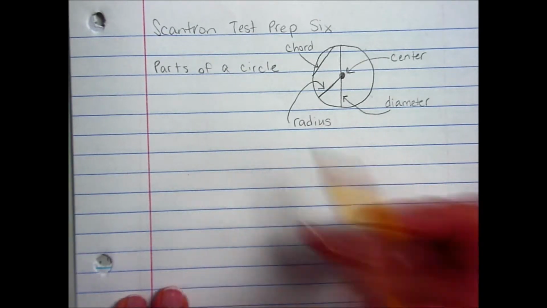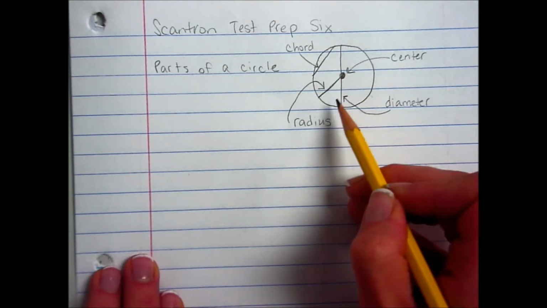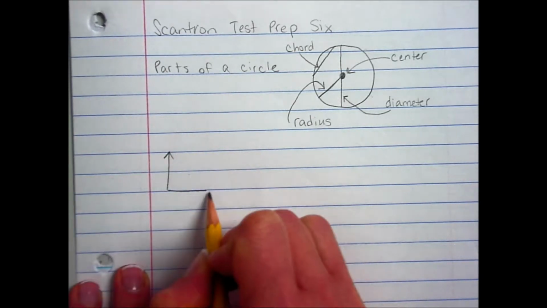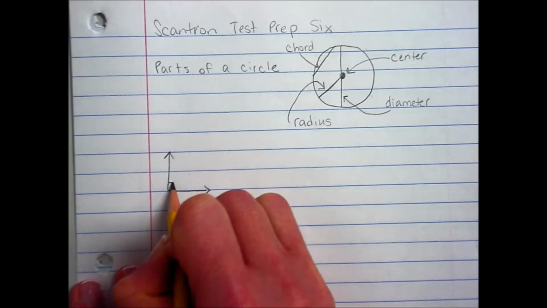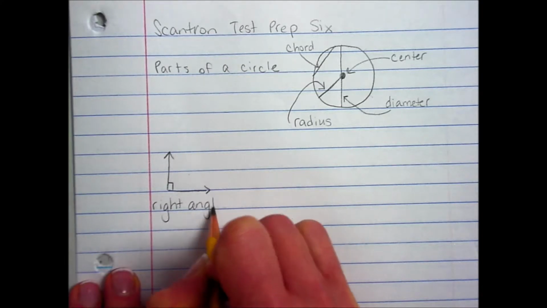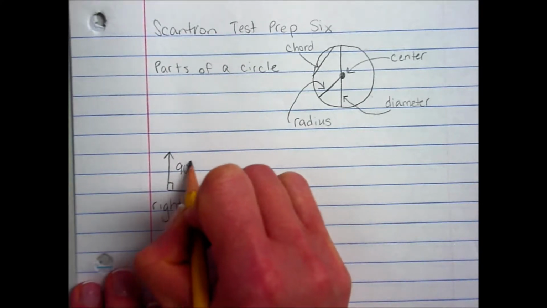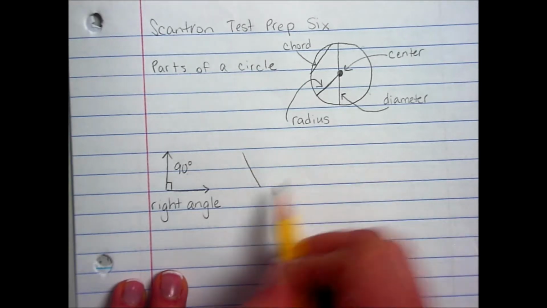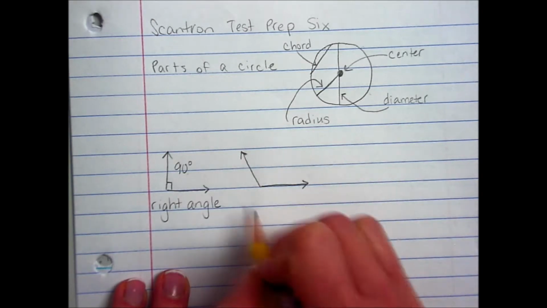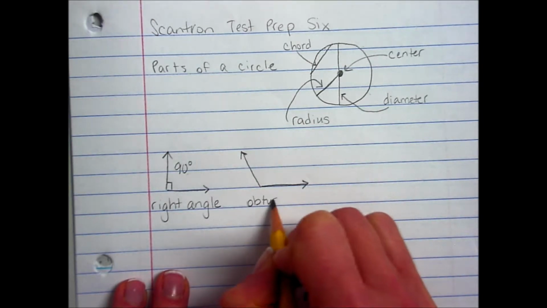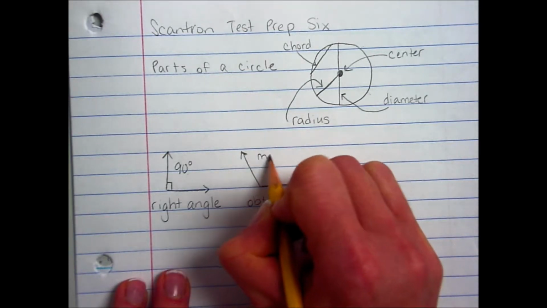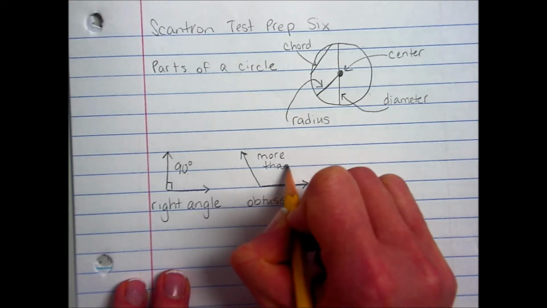Within this lesson, it's going to have you look at these lines as angles. So here's a quick review of our angles. This angle is called a right angle, and the measure is 90 degrees. When you have a fat wide angle, call it obtuse, and the measurement is more than 90 degrees.